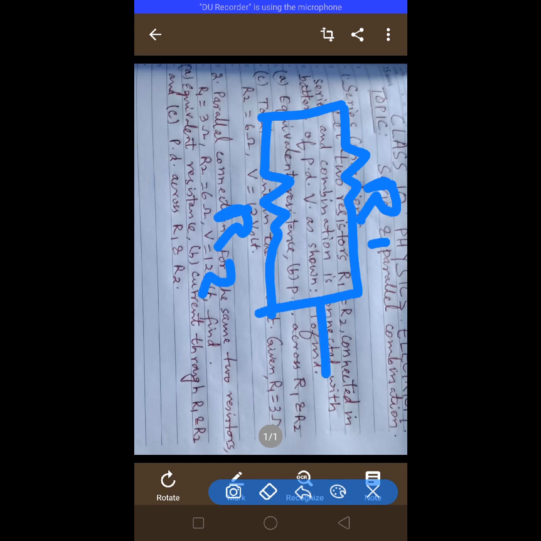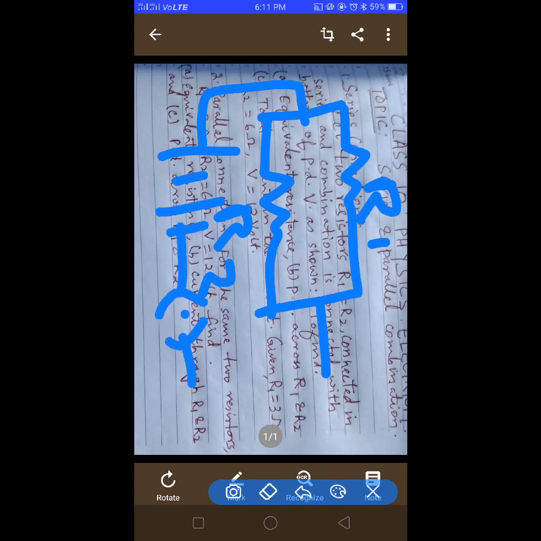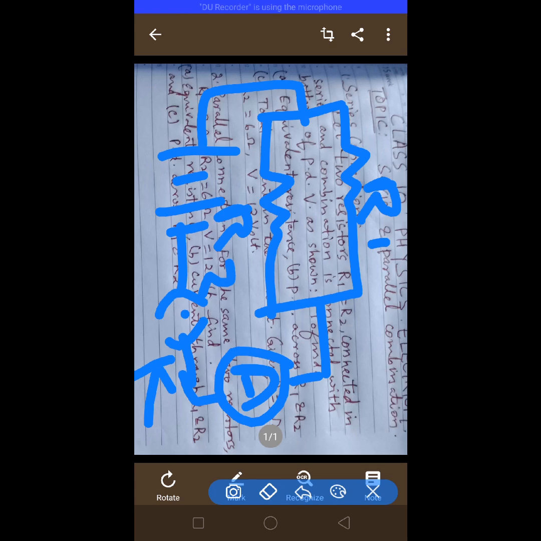We will connect like this and put here with the battery and with the key and with the ammeter in series and join it. So this is key, this is the battery V. So R1 R2 now connected in parallel.